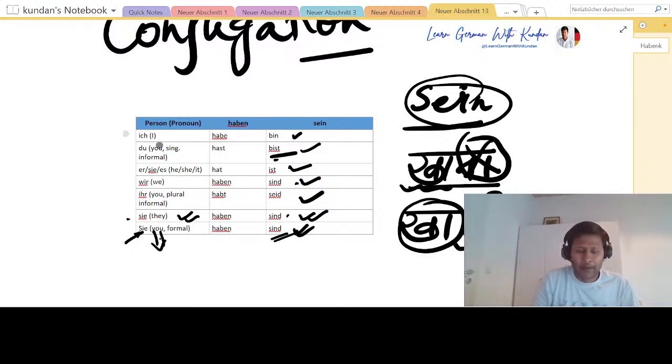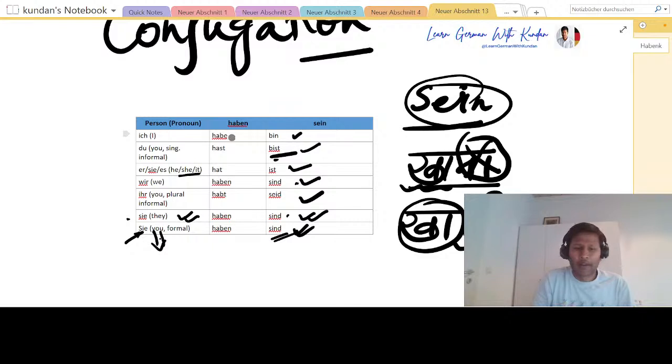So again: ich bin, du bist, er ist, he, sie ist, she, es ist, it. You can see it clearly. And wir sind, ihr seid, sie sind, sie sind.